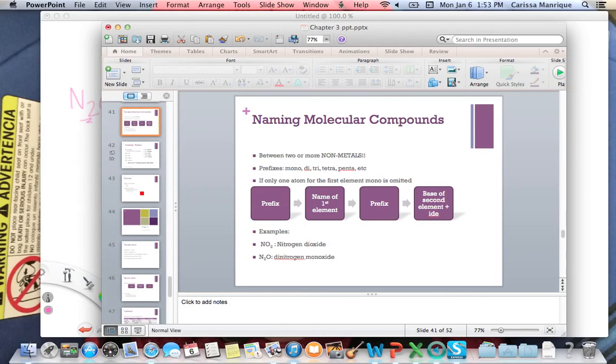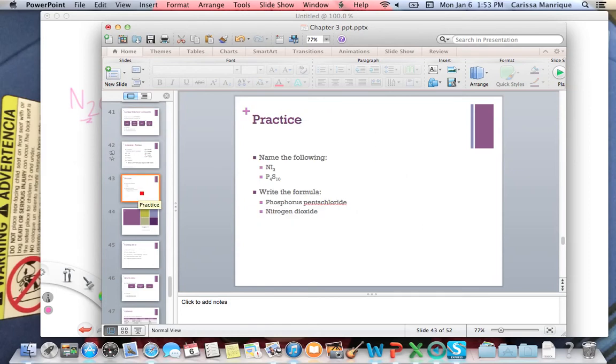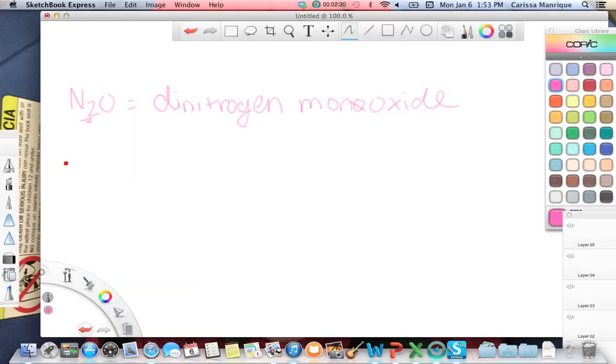Let's look at some more examples. Let's do NI3. It's never going to start with mono, so it's just going to be nitrogen. There's 3 of those, so it would be tri. And then iodine would be iodide.